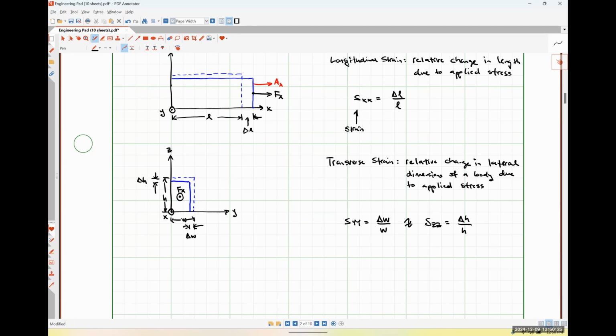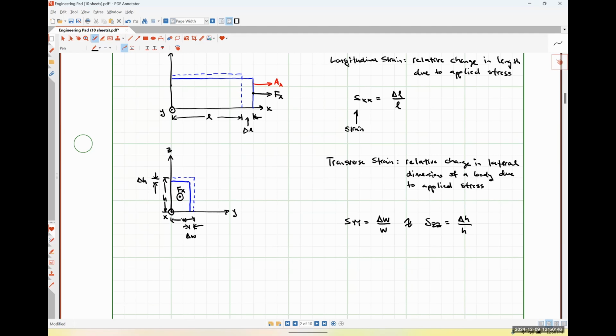So why does this beam under extension experience these 3 strains? Well, effectively, the mass of the beam can't change, right? We can't add or remove material from the beam itself just by trying to make it longer or make it shorter. We can't change the density of the material. That's effectively a material constant.